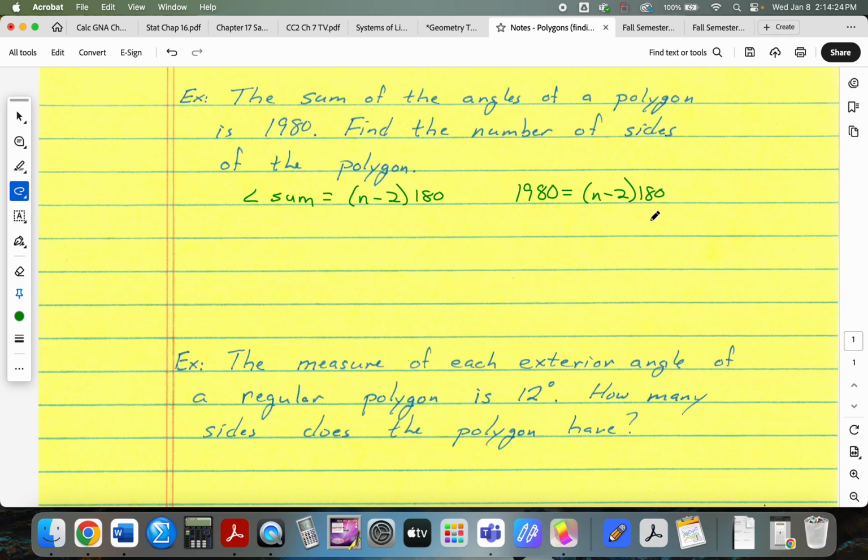You have 2 choices at this point. You can either distribute the 180 and then do it that way, or the way I do it, it takes 1 step less, and I'm super lazy, so that's the way I do it. Divide both sides by 180.